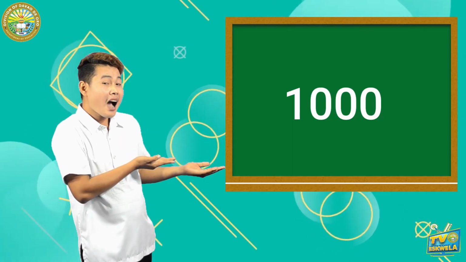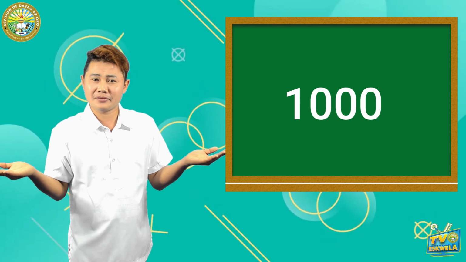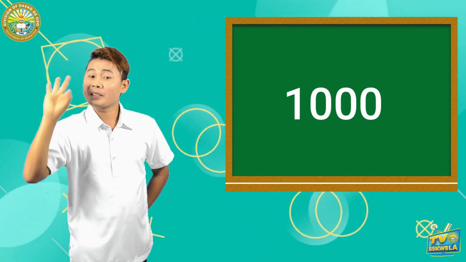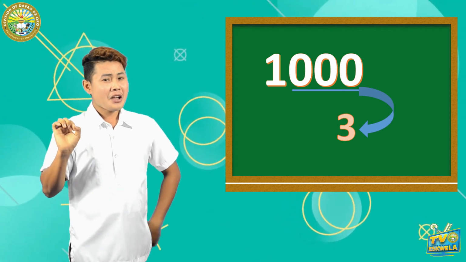How about 1,000? How many zeros do we have? Correct. We have 3 zeros.